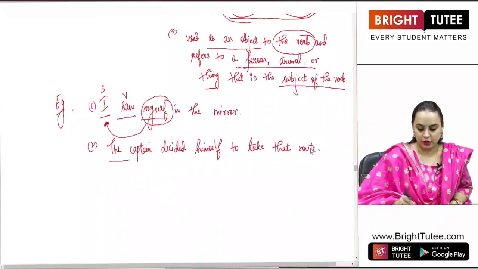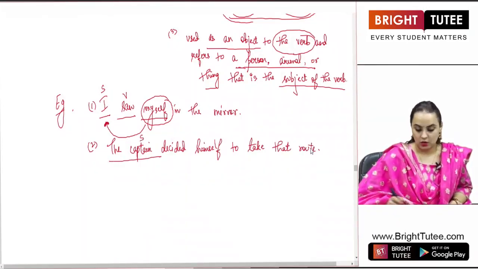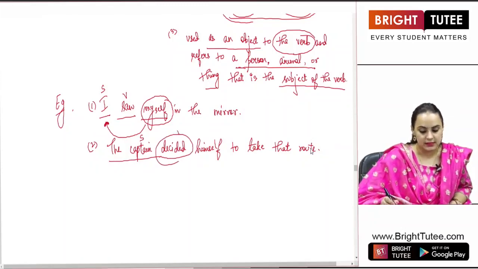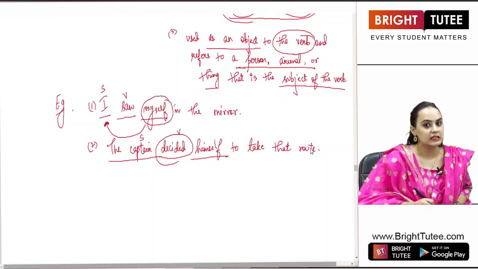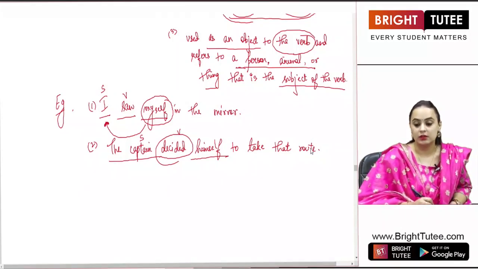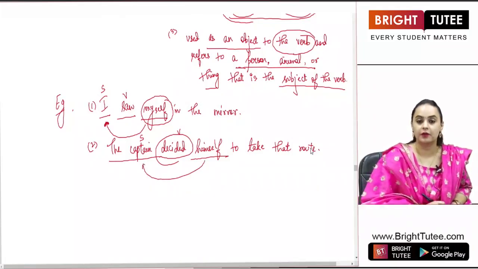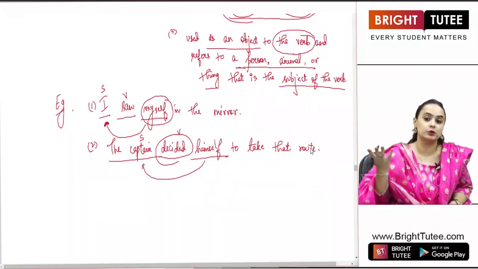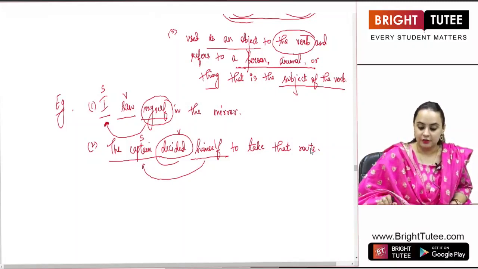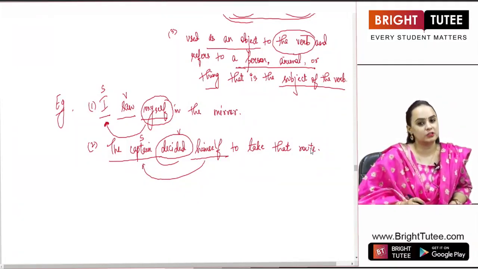What is my subject? The captain. What is my verb? Decided. And what is my reflexive pronoun? Himself. Who is this reflexive pronoun himself used for? It is used for the captain who's a male, so we use himself for it. And the reason why it is used next to the verb is because it is the object of the verb.